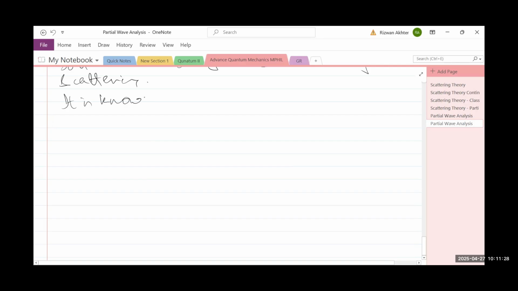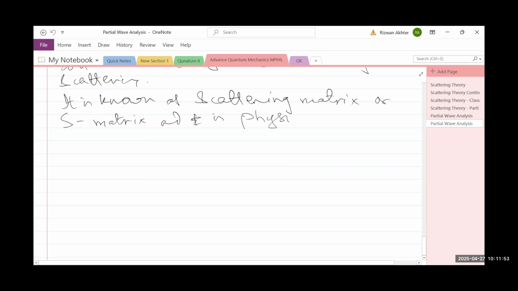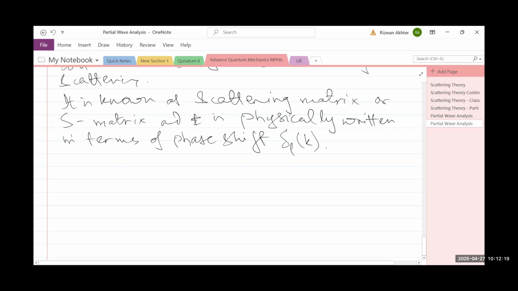It is known as the scattering matrix, or S matrix, and is physically written in terms of the phase shift, that is delta sub L of k.